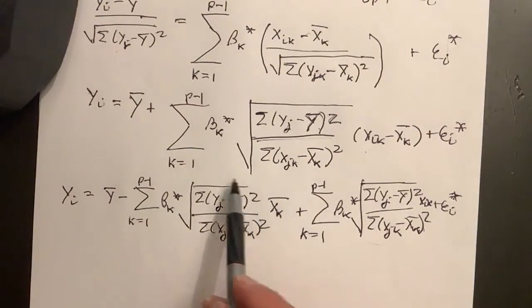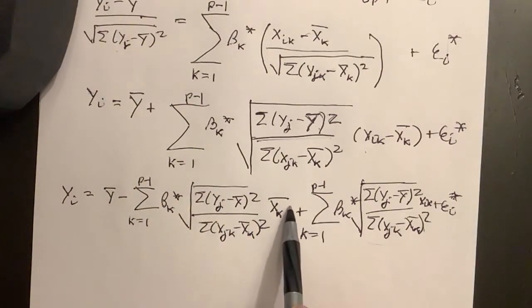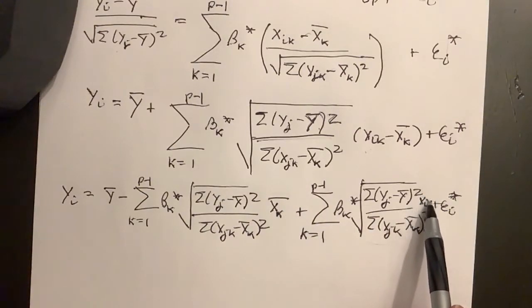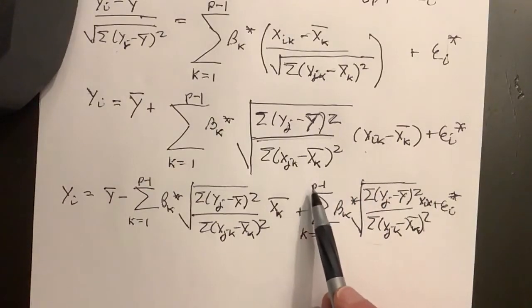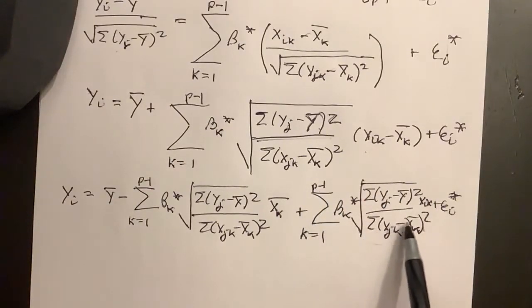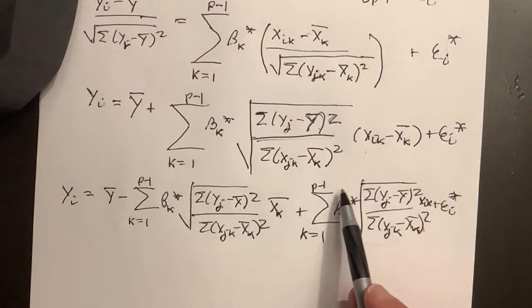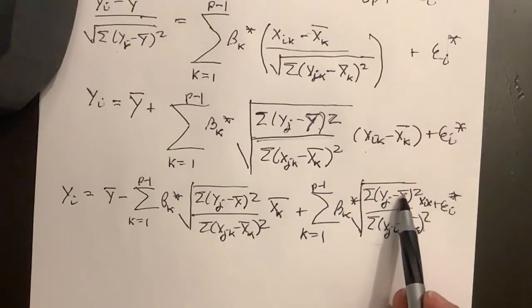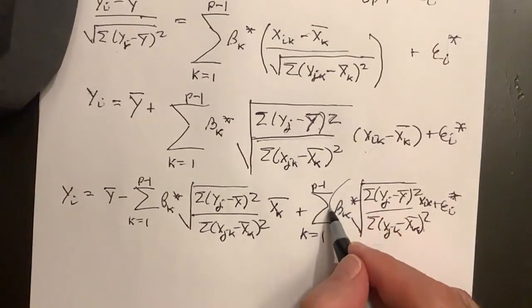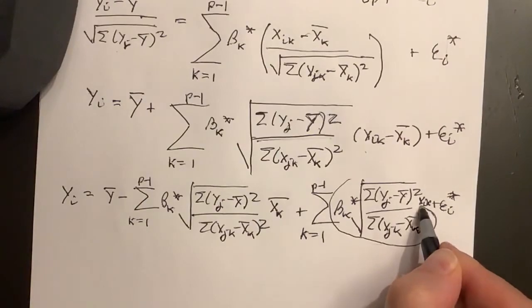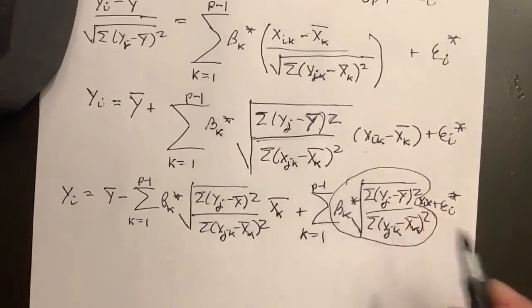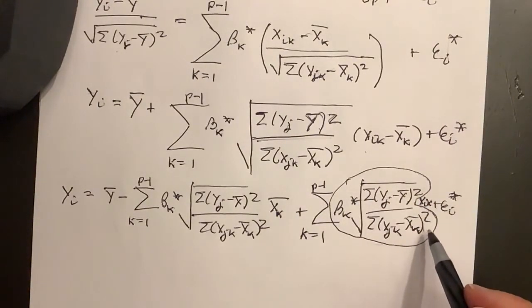I have a constant piece here. This is a constant. And over here I have a linear term, a linear combination of the xiks, right? These are the coefficients of the xiks. So what are these? Looks like a heart, right?